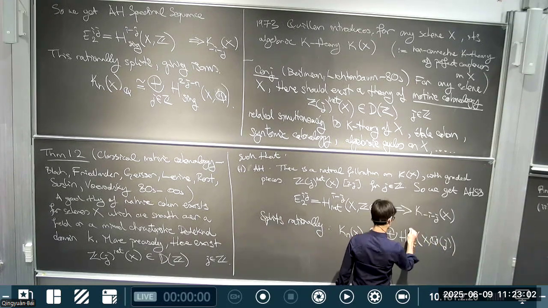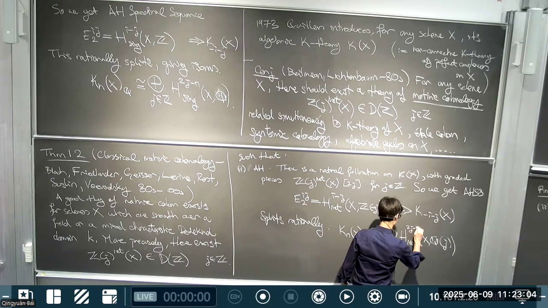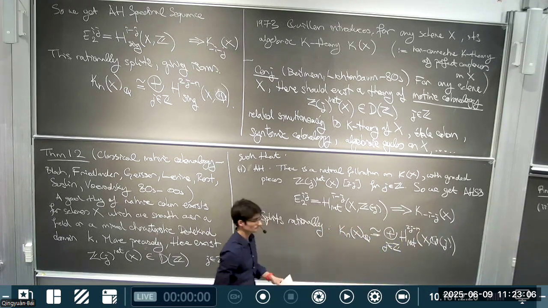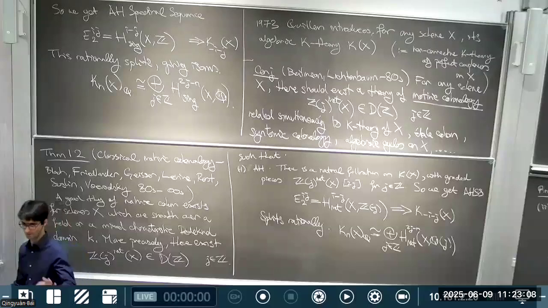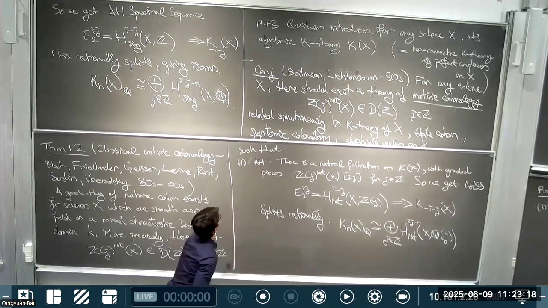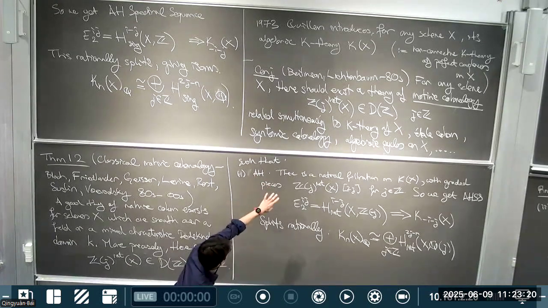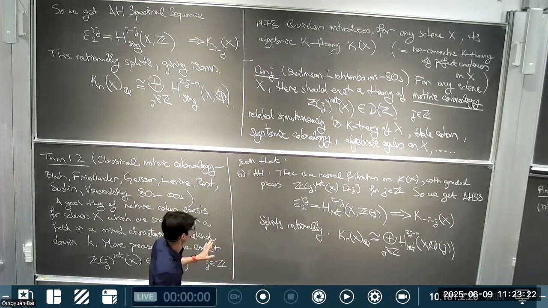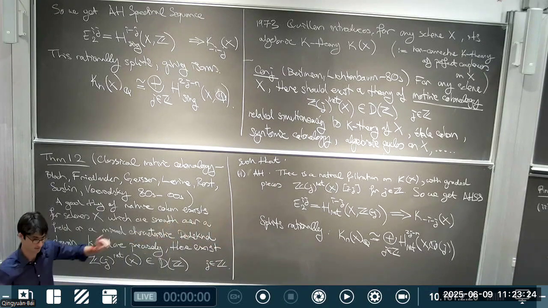We got the indexing right, I hope. And so rationally, motivic cohomology is nothing more than K-theory. It's the same information. Okay, but Beilinson and Lichtenbaum were predicting more properties for motivic cohomology than just the relation to algebraic K-theory.